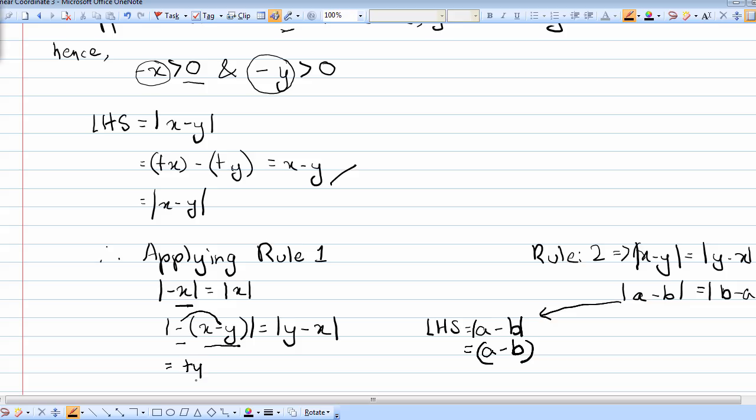So this becomes plus y, and minus and plus makes something like plus minus x. So we don't take off the absolute bars or the absolute symbols, we just keep them, and we can now see that we have arrived at the right hand side.